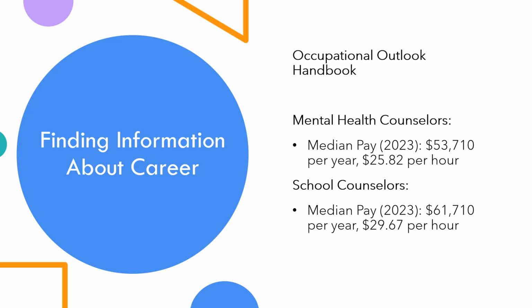It uses that unified classification system to sort careers into different areas so that we can find what we need. The other option is the Occupational Outlook Handbook, which is developed by the Bureau of Labor Statistics. These used to be printed books every year that you would have to go in and purchase. I have an old one on my bookshelf in my office, and now everything's gone digital.